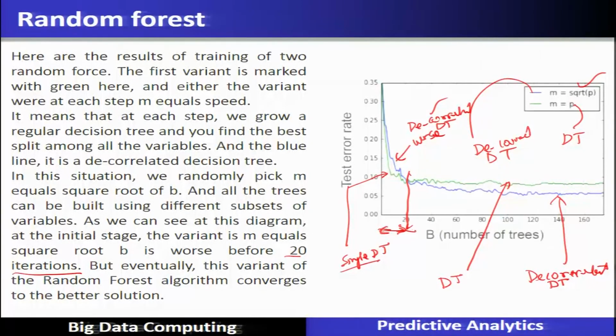But as the number of trees grows, that is the number of iterations, if the number of trees is more than 20, then we see that the decorrelated decision tree starts performing much better compared to the single decision tree.